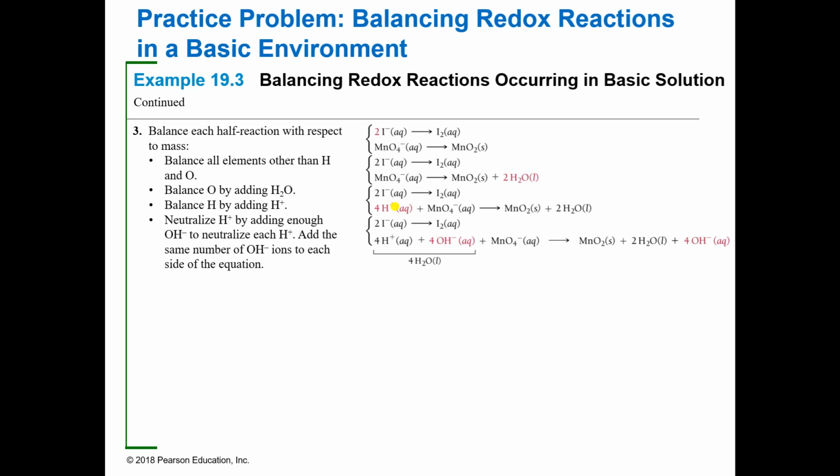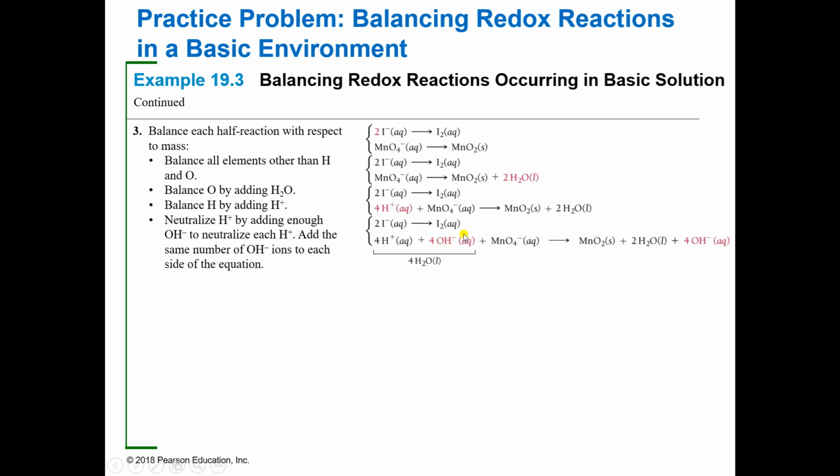Now because it's in a basic solution, I have to deal with the hydrogen ions I just added. They have to neutralize. Iodine, that's the first half reaction step. Again, I don't have to deal with it, can leave it as is. But because we're in a basic solution, there are hydroxides present.